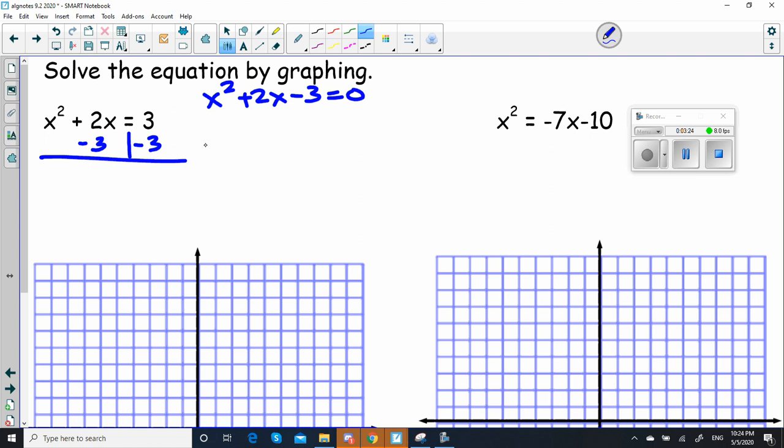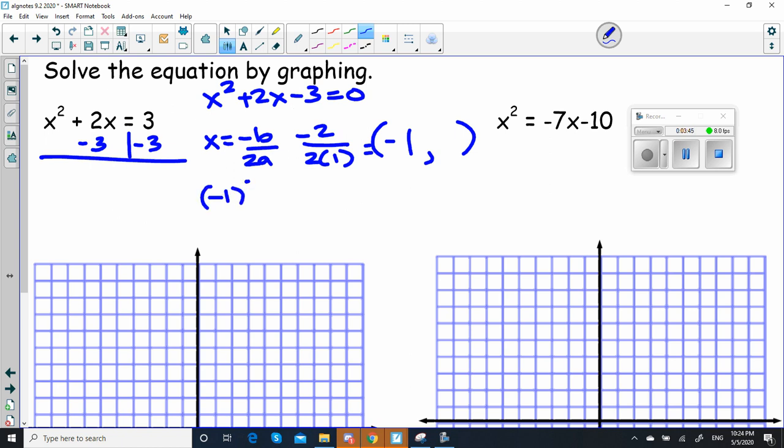So I want to use my formula for finding the vertex and the line of symmetry. So x equals -b over 2a. So -2 over 2 times 1 is -1. So the first part of my vertex is -1. And then I take -1 and I plug it in here to come up with my y.